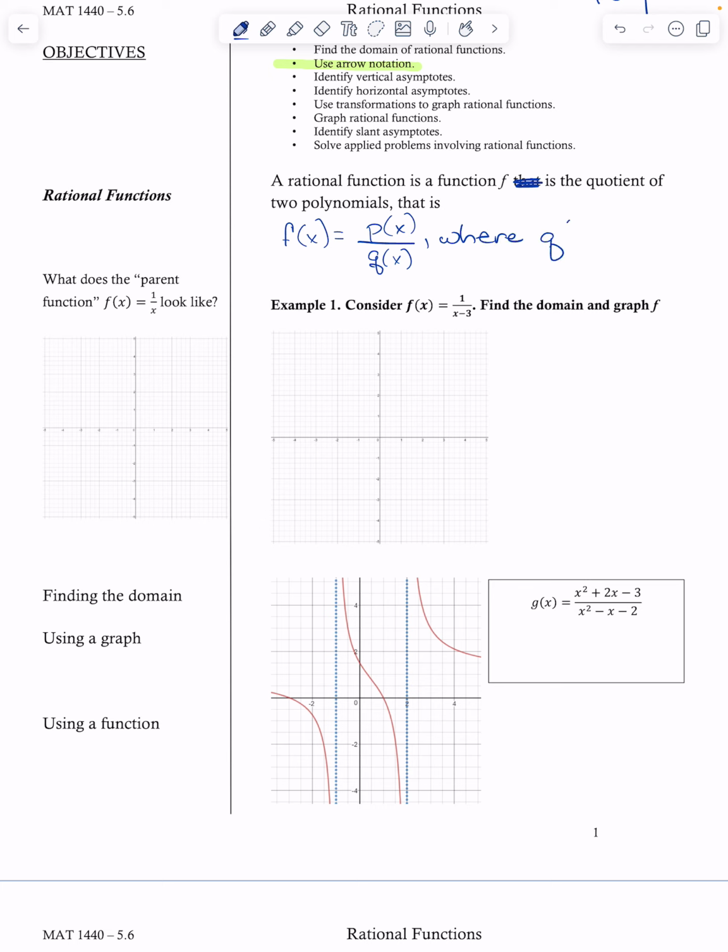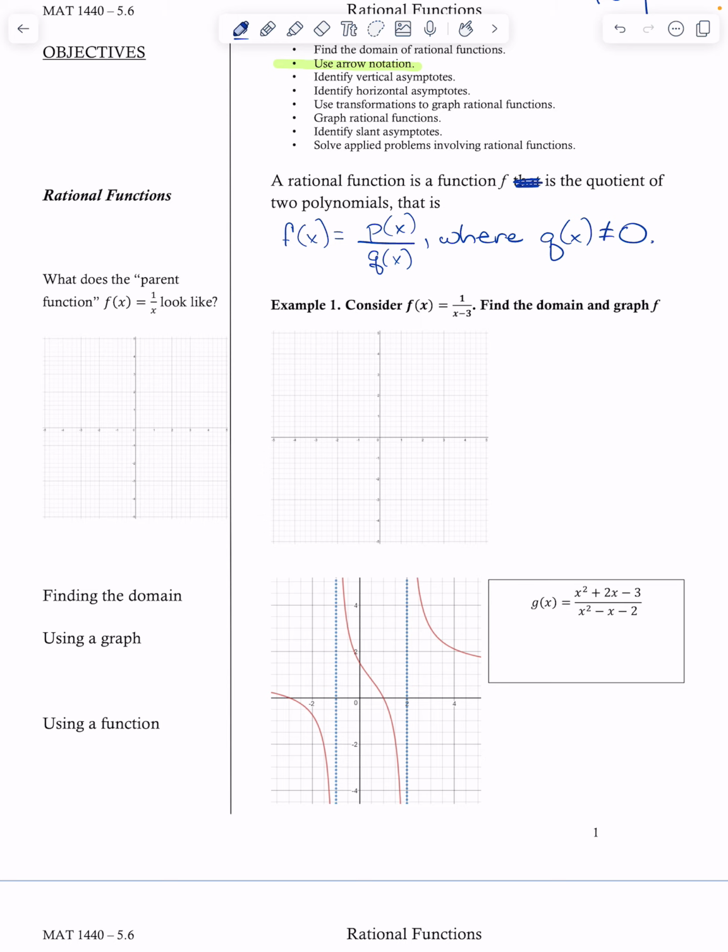And this is where q of x is not equal to 0. That means that the denominator is not a zero function. So we will talk specifically about what happens to our domain if we are dividing by a 0. We're going to fix that.